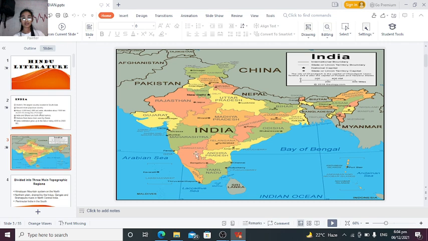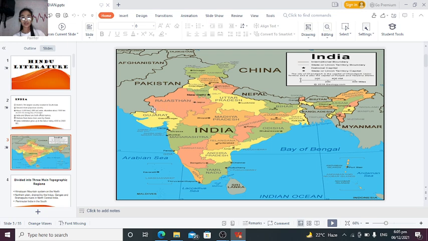Now, let's go to the map of India. As we can see, India is wide as it is. The symbol here is the state or union territory capital of India, and the star here is the national capital of India, which is New Delhi.